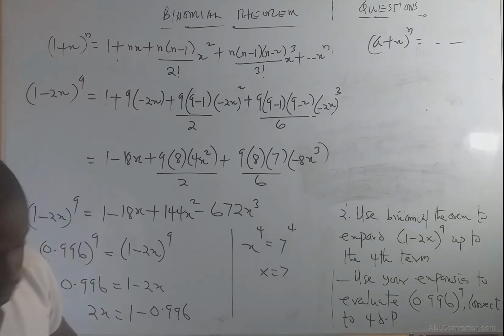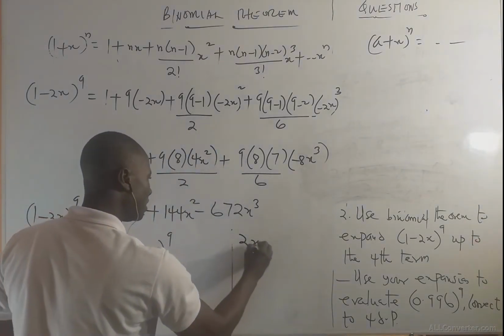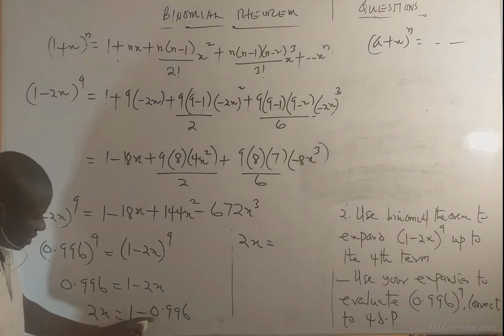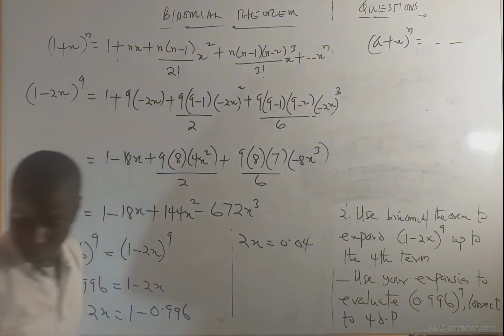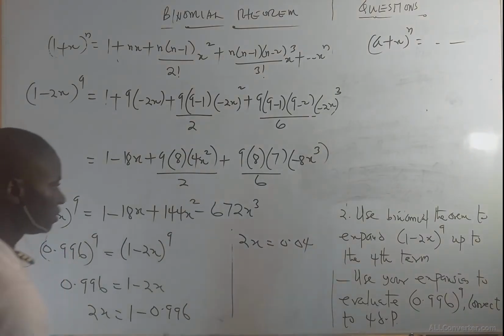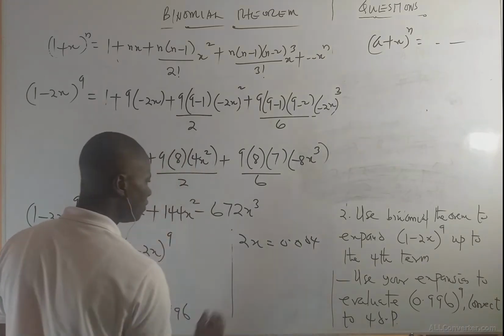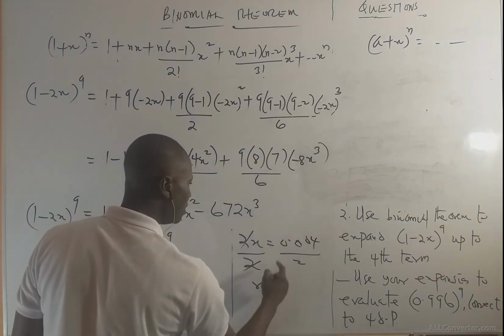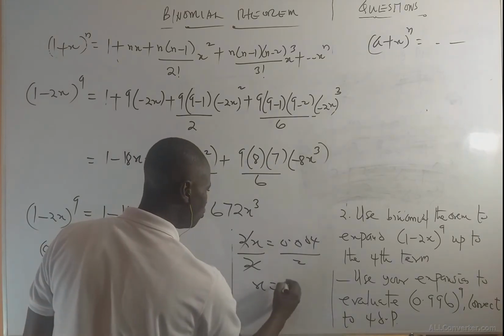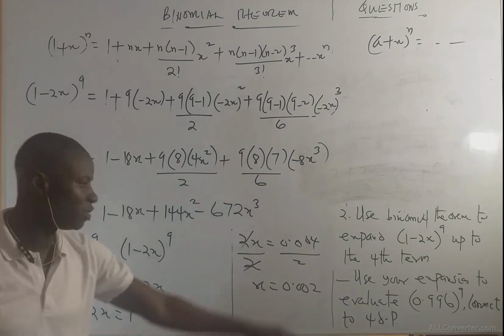Okay, so it means that we have 2x on the left equals 0.004. In solving for x, you divide by 2, then x will be 0.004 divided by 2, which is 0.002. So it means that the value of x is equal to 0.002.